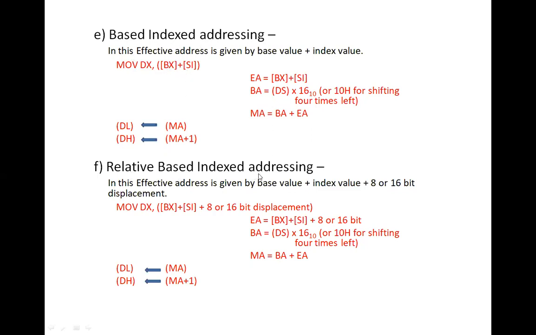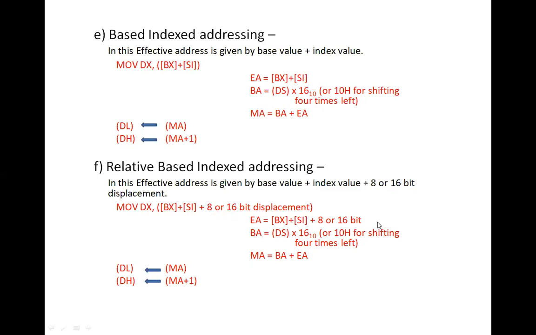Now in relative based index addressing, we are adding again some displacement value. So before you calculate the memory address, you have to first calculate the effective address, because the effective address is the combination of the content of BX plus the content of SI, that is source index, plus the 8-bit or 16-bit displacement which is defined within the instruction.